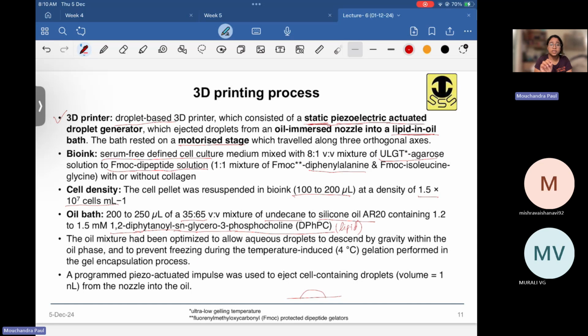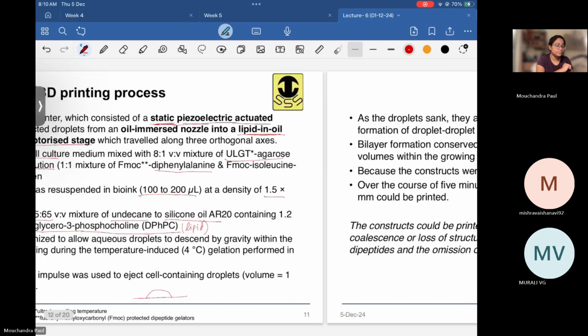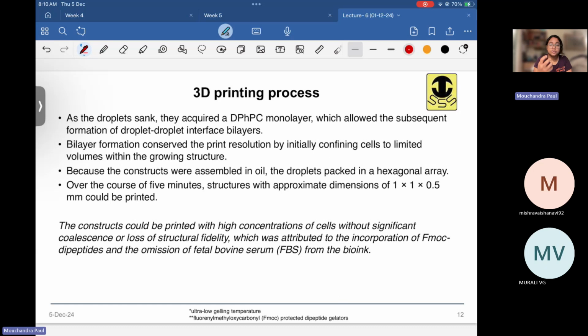Okay, and the printer that they're using is able to print very small drops, like 1 nanoliter size droplets, into the oil. As the droplet is coming down from the tip of the nozzle into the oil, the lipid molecules form a monolayer around it, and as they're positioned in layers, they form droplet interface bilayers.